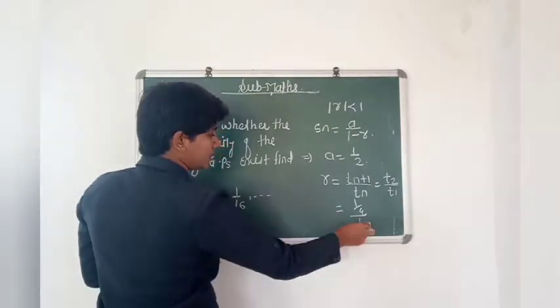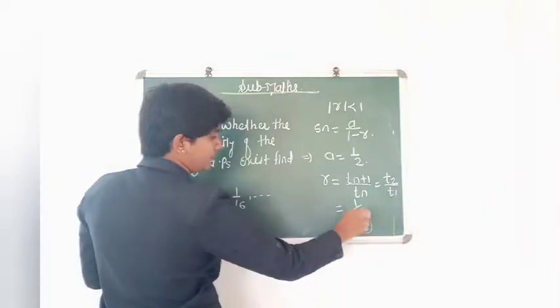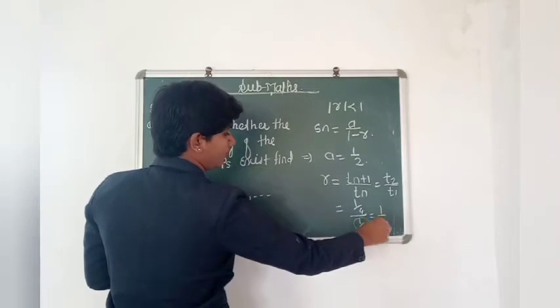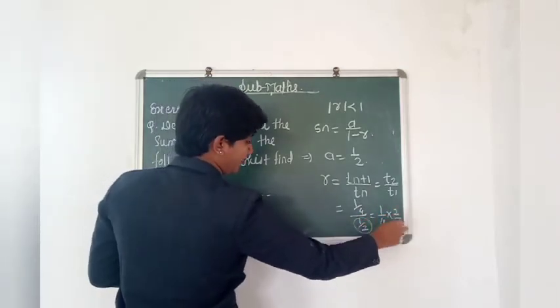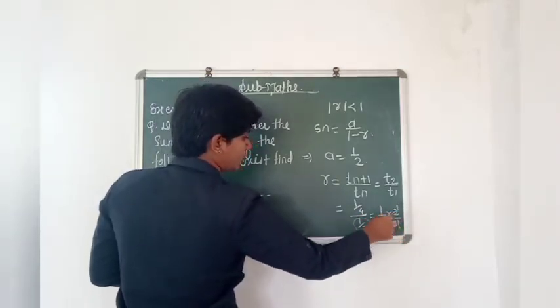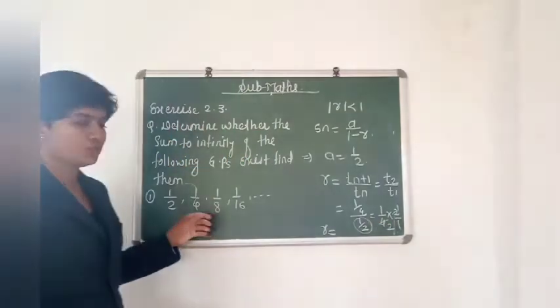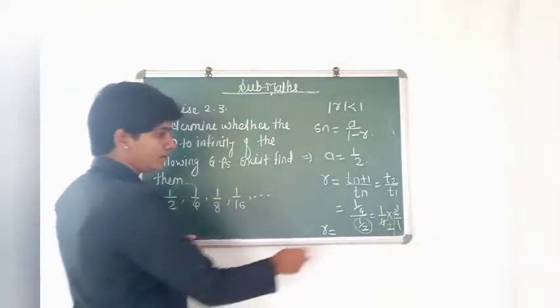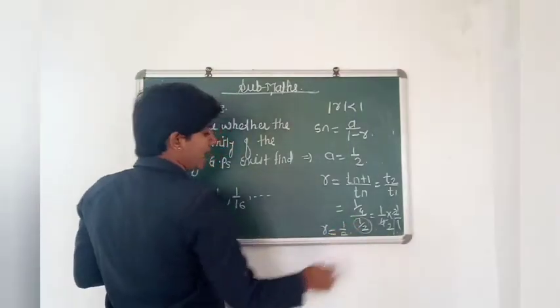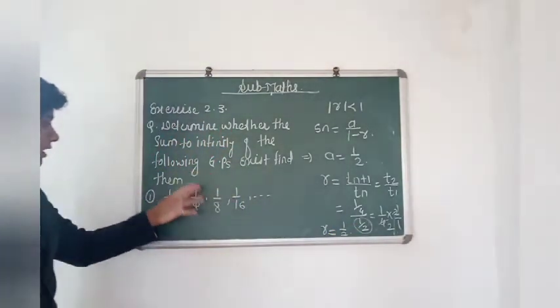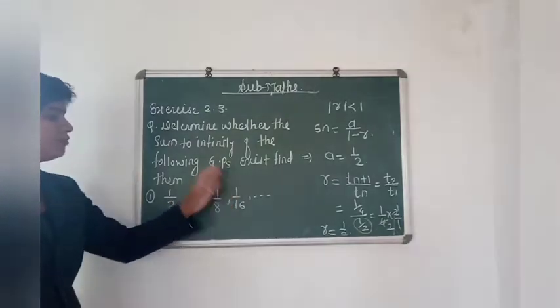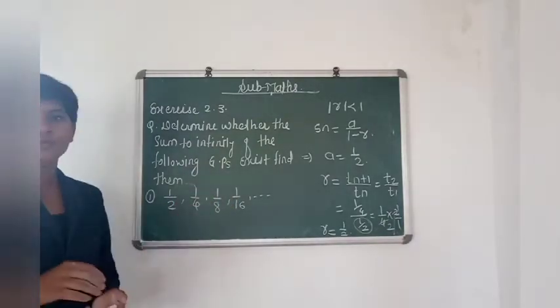After solving this, the value goes to the numerator to get multiplied. That means 1 by 4 into 2 by 1. So 2 ones are 2, 2 fours are 8. That means the common ratio of this geometric progression is equal to 1 by 2, and it is a constant for all T3 by T2, T4 by T3 and so on.